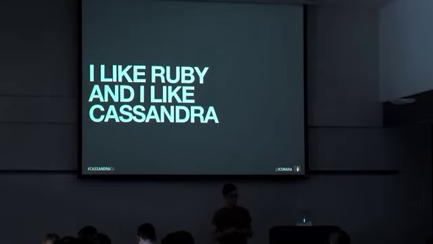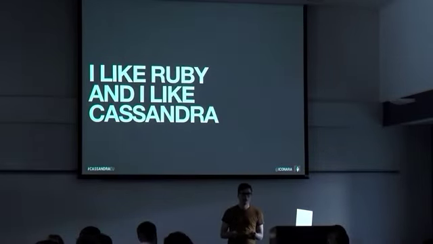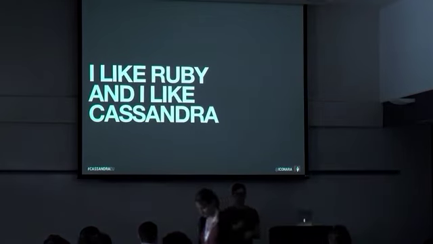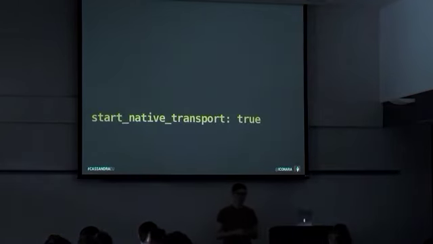So in January, when Cassandra 1.2 came out with the new binary protocol, also called the CQL binary protocol, or just the CQL protocol. It's got many names. Also, obviously, it's not the native protocol.